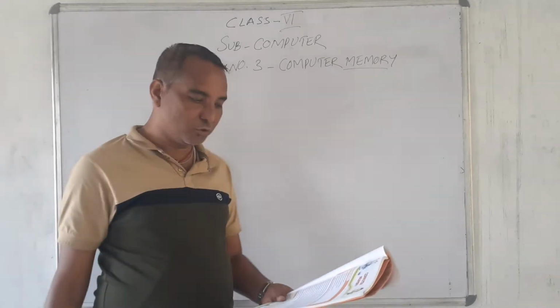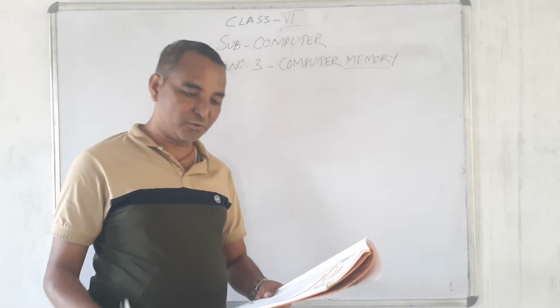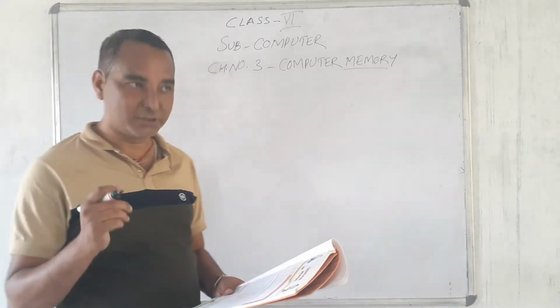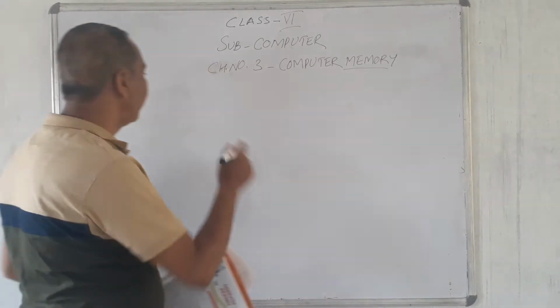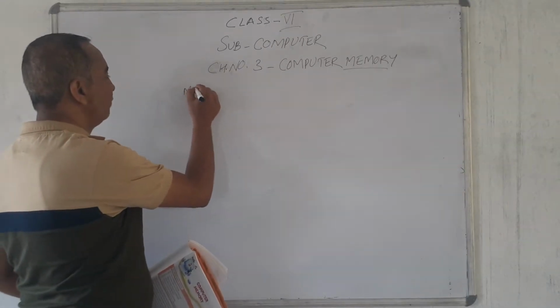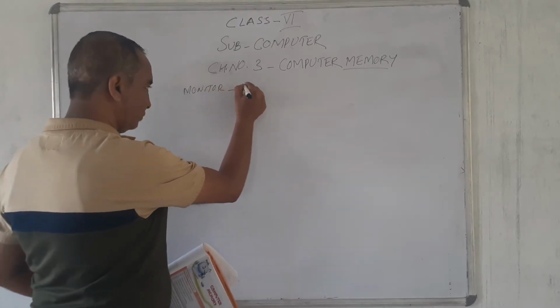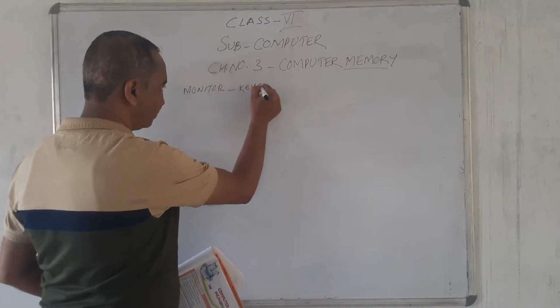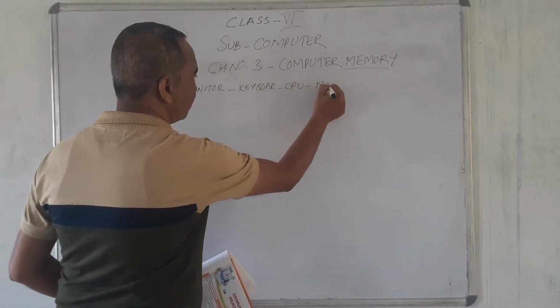Once, let us just go through the book. When data and instructions are entered into the computer system, they are required to be stored in the computer for processing. We know that there is a computer set. First thing, we'll find monitor, keyboard, CPU and mouse.